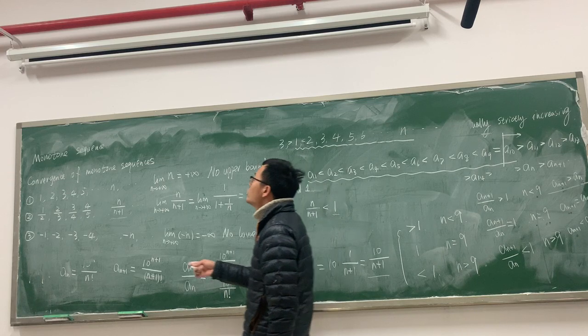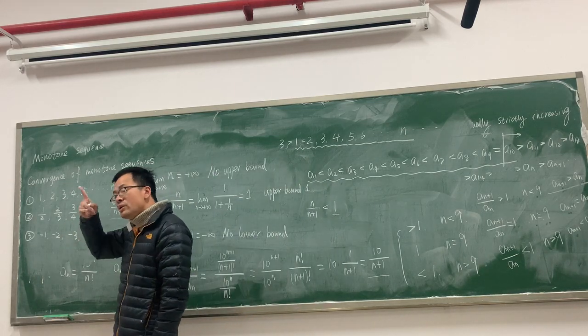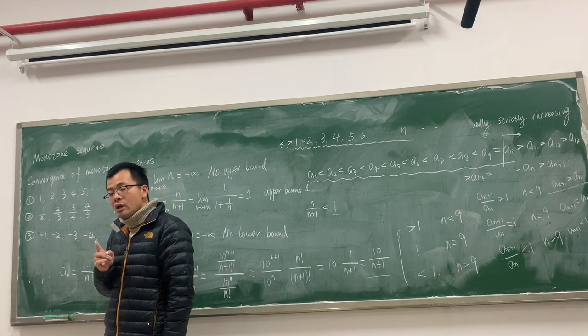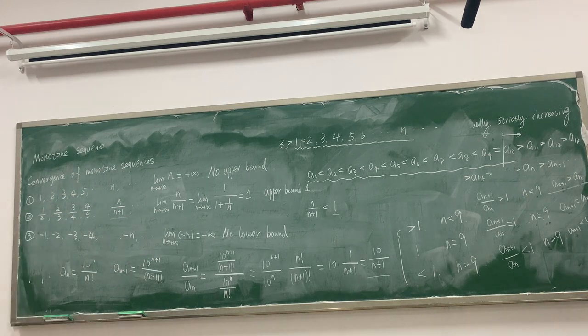So this is also a strictly increasing sequence. So here tells us what? We can see the first one and the second one are both strictly increasing sequences. So we have two cases. The first is no upper bound. The second is we have an upper bound.